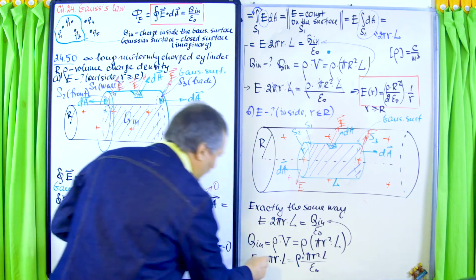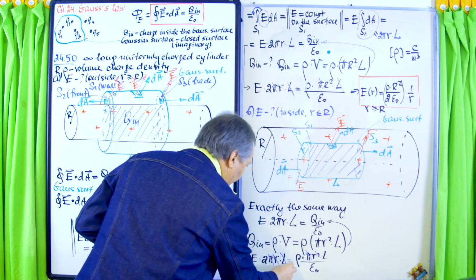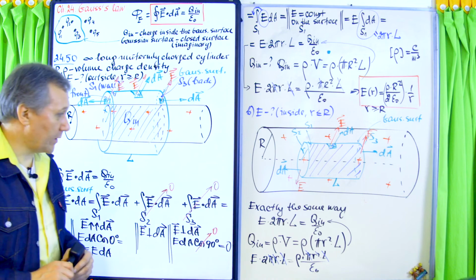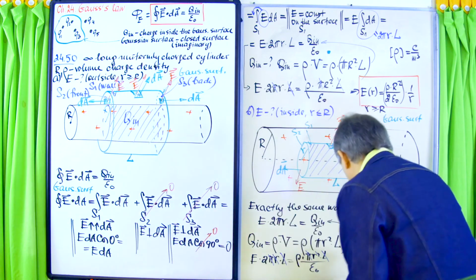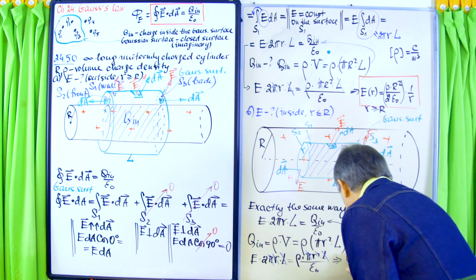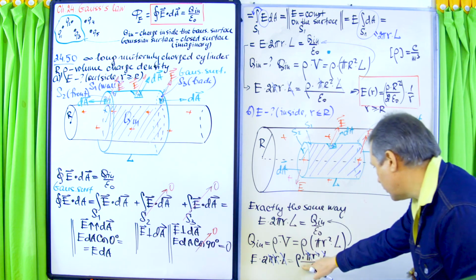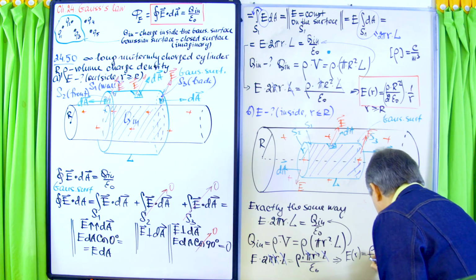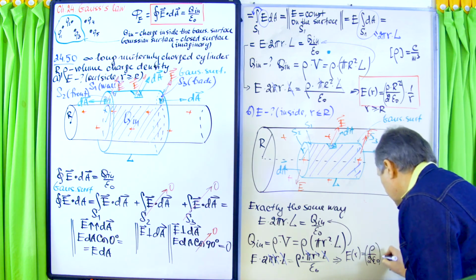Okay, again, pi gets cancelled, one r small gets cancelled, and L cancels. And we're getting the result. All right. It's difficult to write here. All right. So E as a function of r equals rho divided by 2 epsilon naught and times this r small.